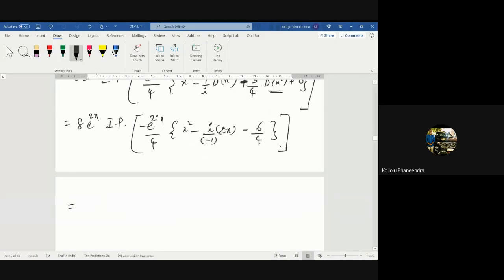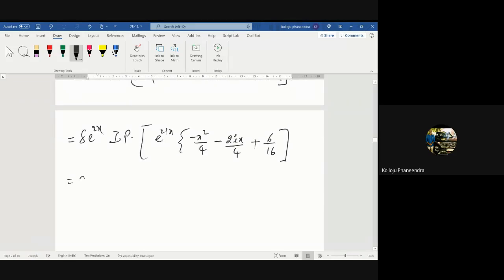Now this equals 8 into e to the power of 2x, imaginary part of e to the power of 2ix, and take minus 1 by 4 inside: minus x square by 4, and minus 2ix by 4. Next, minus plus 6 by 16, 6 by 16.